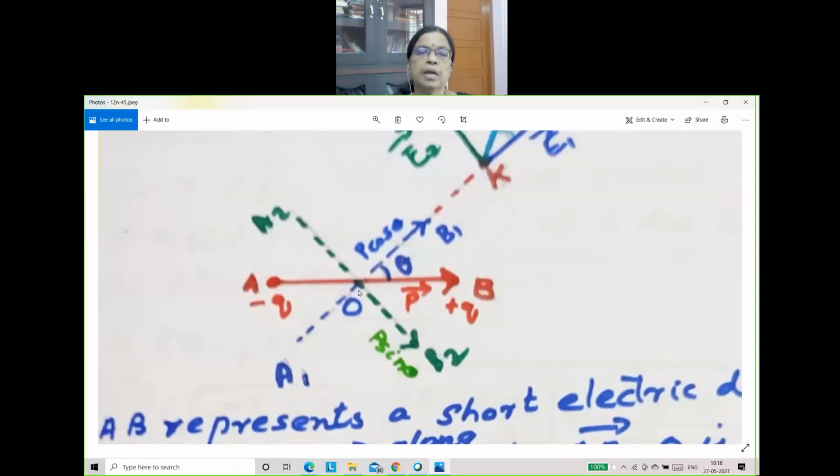Near to the angle theta we get P cos theta, and perpendicular to that we get P sin theta. Mark the components of P.